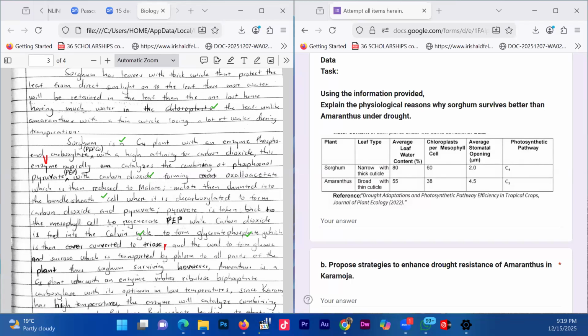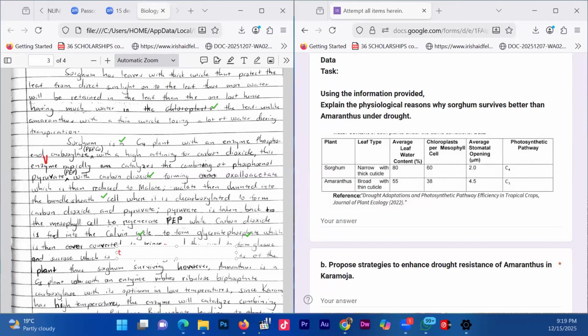Let me try to correct it. The products of photosynthesis: the term that we always use, while talking about glucose and sucrose, instead of the word transported, we always use translocated.